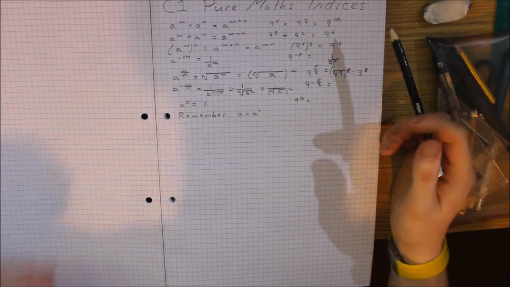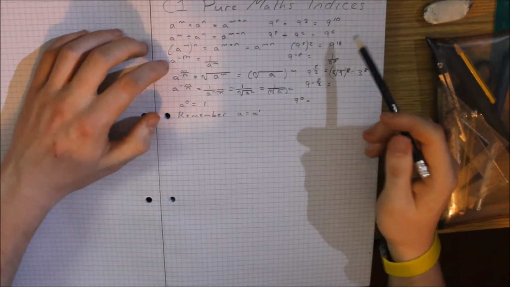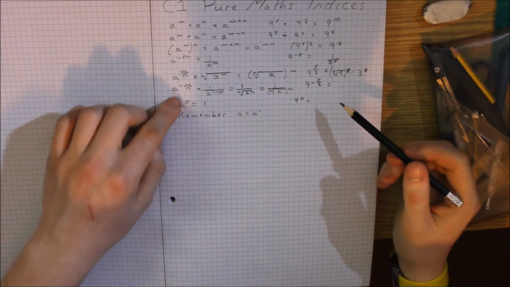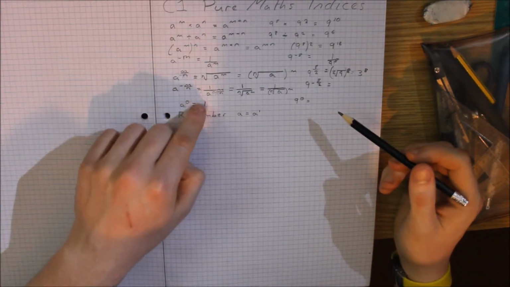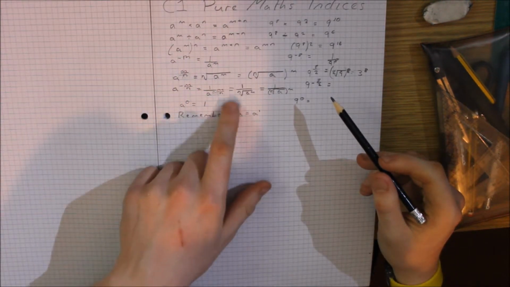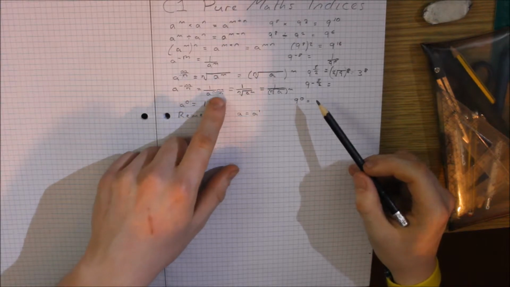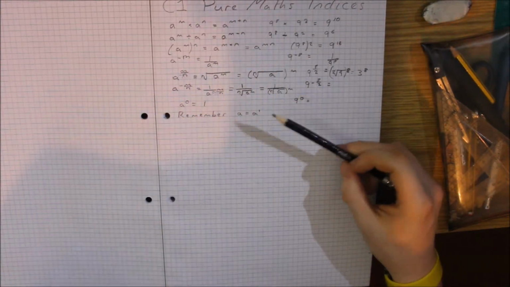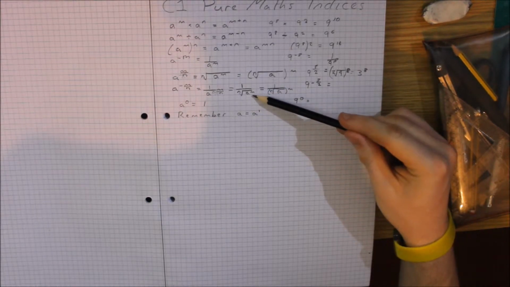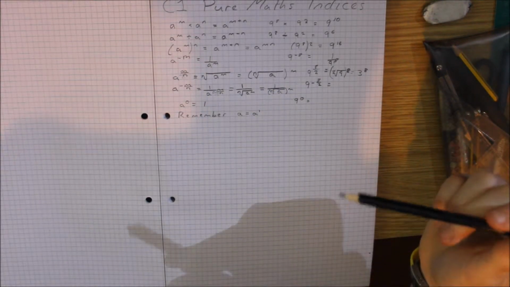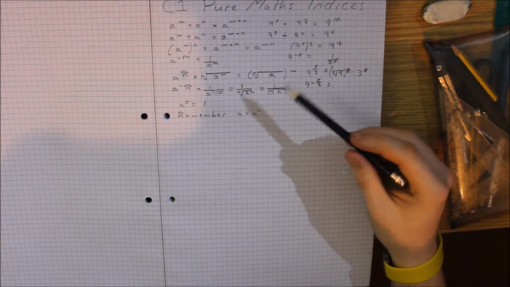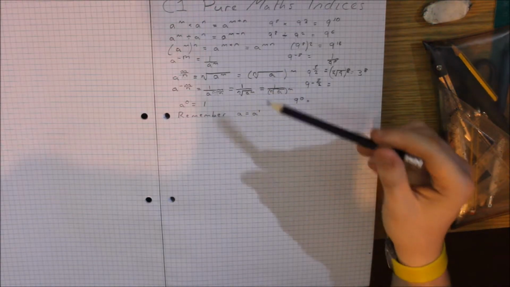The next rule is really just combining this rule and this rule. We're going to do a to the power of minus m over n, which leaves us with 1 over a to the power of m over n. And as you can see, we're left with flour the power, root the root. So it's 1 over the nth root of a, to the power of m.